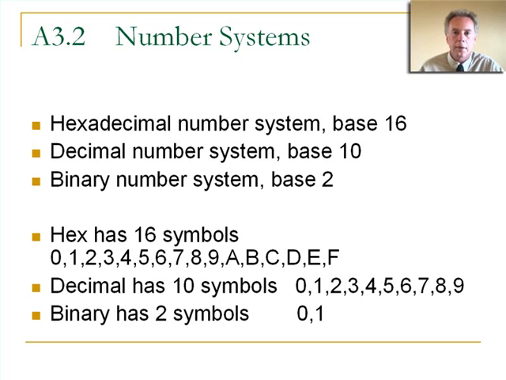So the hex number system, base 16, uses these 16 symbols, 0 through F, and a good way to start working in hex and getting a feel for it is to just go to a spreadsheet and start to count in hex and count along with the other number systems, decimal and binary. So let's go do that now.